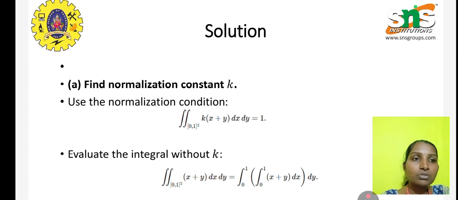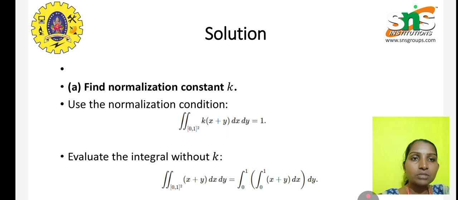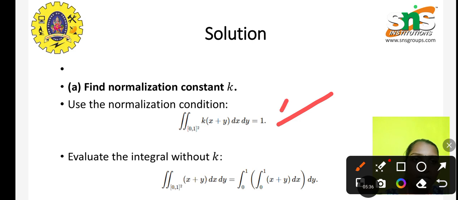Now moving on to the solution. We are going to find the normalizing condition: the double integral of k(x plus y) dx dy is equal to 1. This is our integrand, k into (x plus y) dx dy, and we are double integrating it over the limits 0 to 1, which is the unit square.